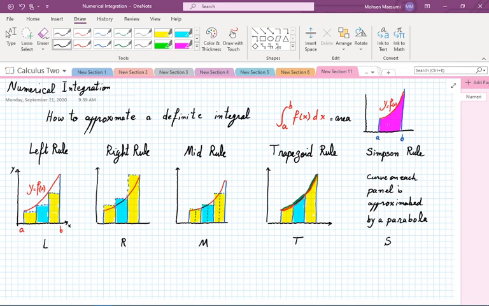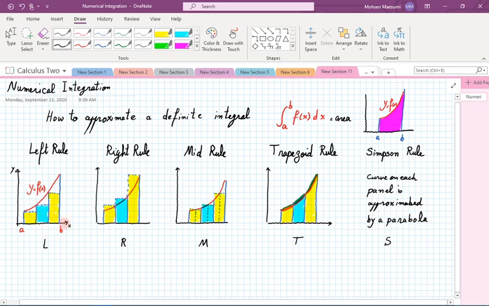So there are a large number of ways that this can be done. Let's see where the variety of approaches come in. First of all, we are going to take our region and slice it up in panels. Well, lots of choices there in how you slice up a region into panels.